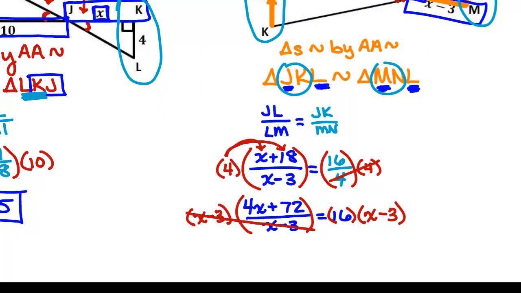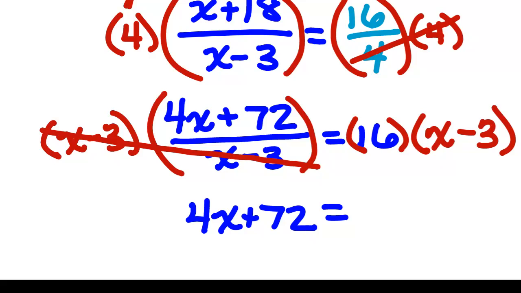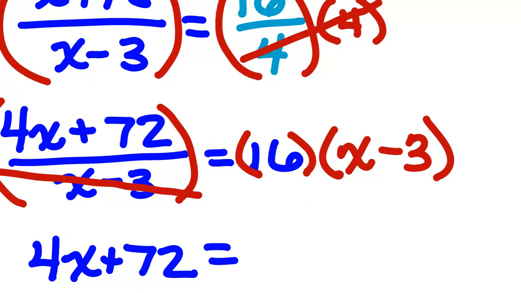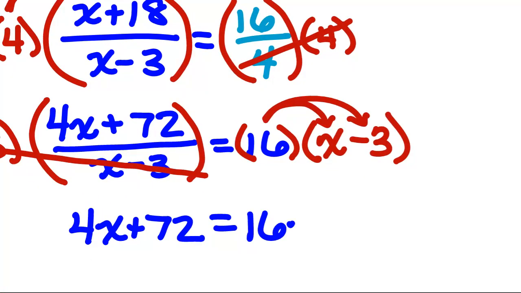So my x minus 3's cancel out on the left. I have 4x plus 72 equals, I have to distribute this 16 to both the x and the minus 3. So I'm going to have 16x minus what?